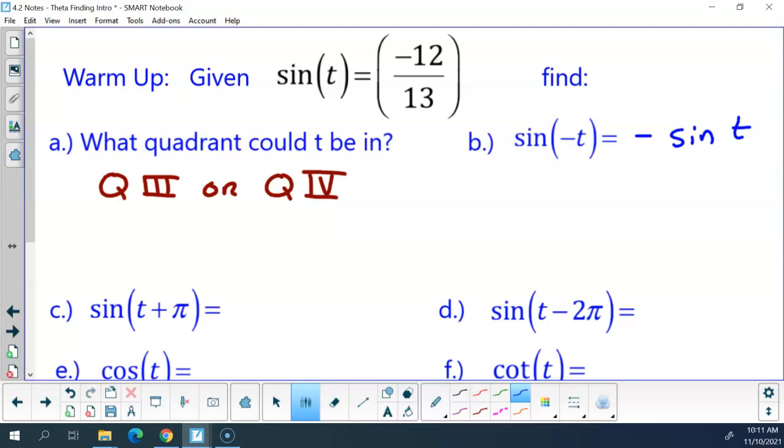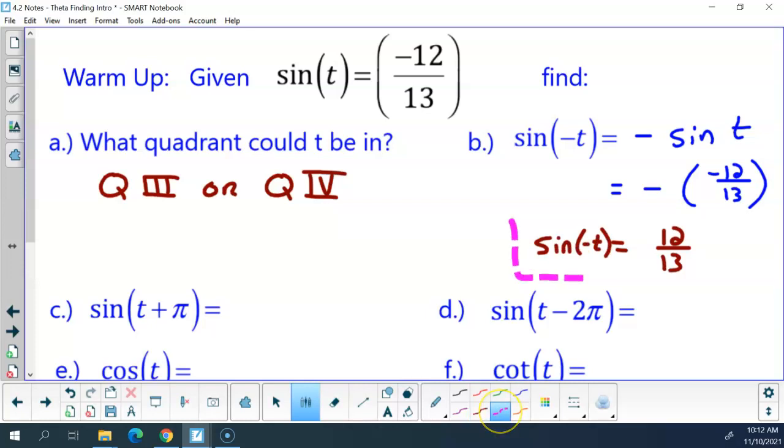Which means if sine of t is negative 12/13, that means that the sine of negative t would be equal to positive 12/13. Agree with me on that one.